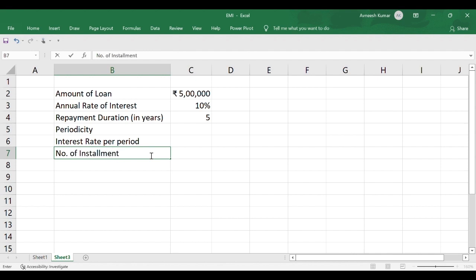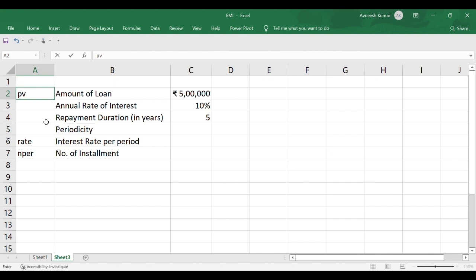This is also same as infer of the PMT function. Here we would be using this PMT function. So as you already know about the PMT function, here the arguments we can see it like this is infer, number of installments, this is rate, and this is repayment, this is PV, and so these are PV, rate, and infer.